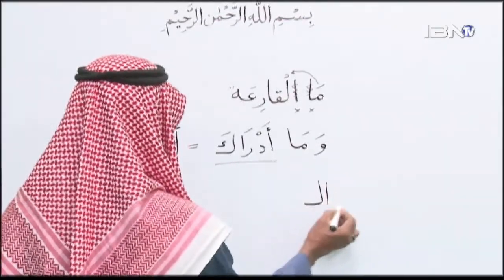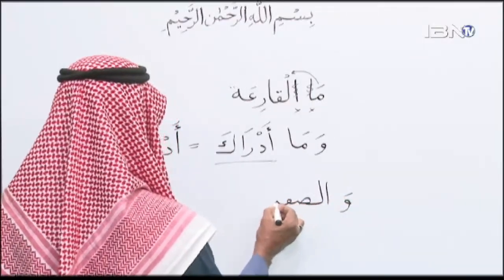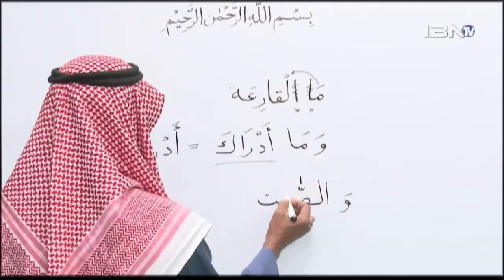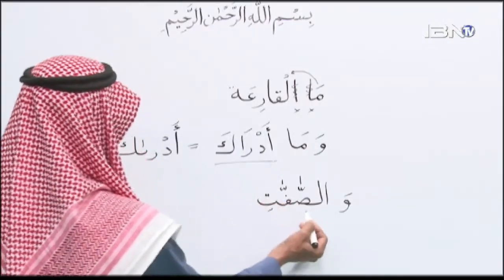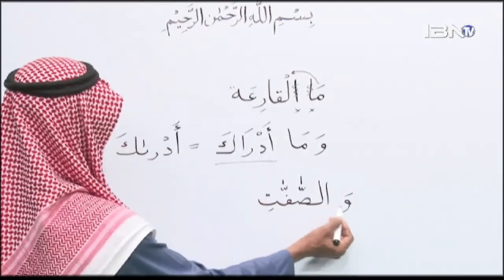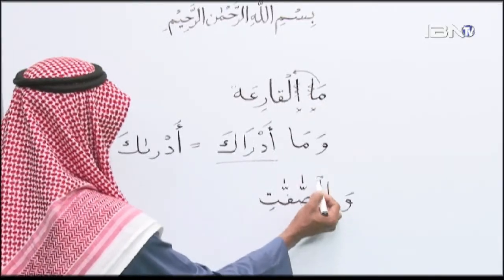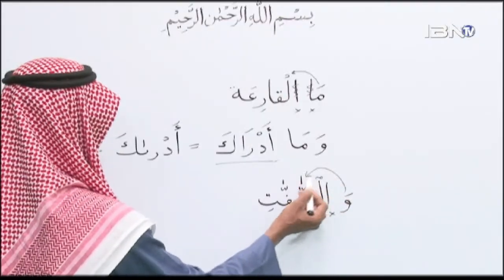Like you say, was. All right? So the sword, so we have was, the alif is not pronounced, the lam is not pronounced. Normally you would see something like that. So you have was, the waw is joined straight to the sword.